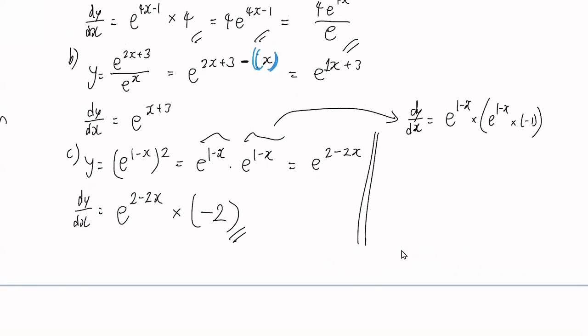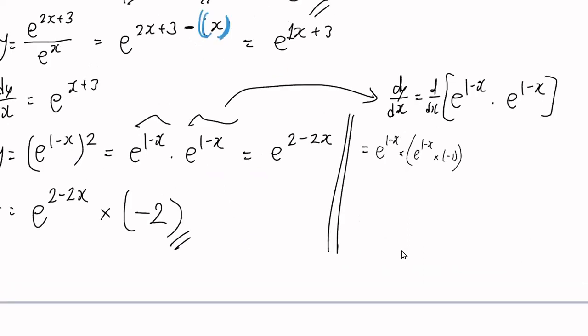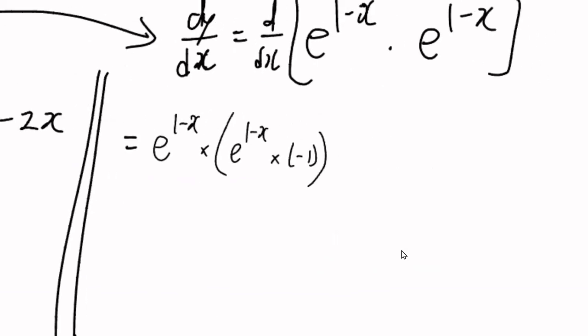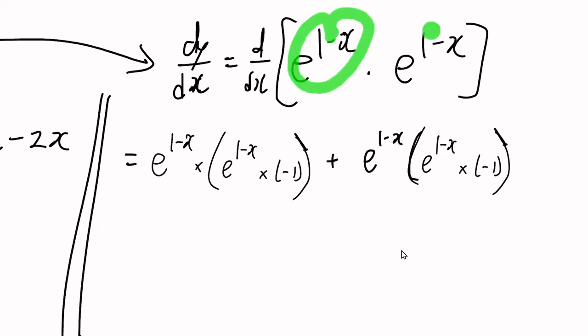Not enough space, let me shrink it down a bit. Sorry, have to squeeze a bit. Keep one, differentiate the other, plus keep the other, differentiate one. Of course, it's the same, because these two guys are the same.